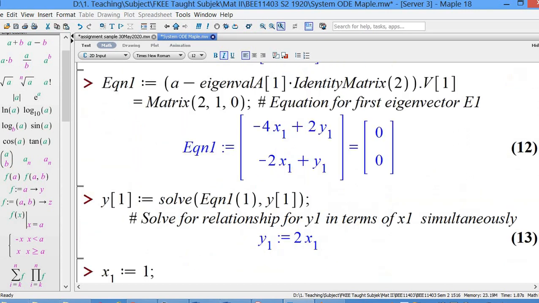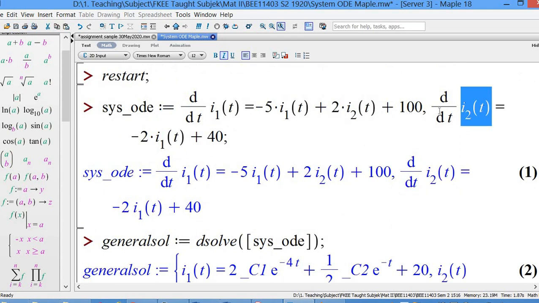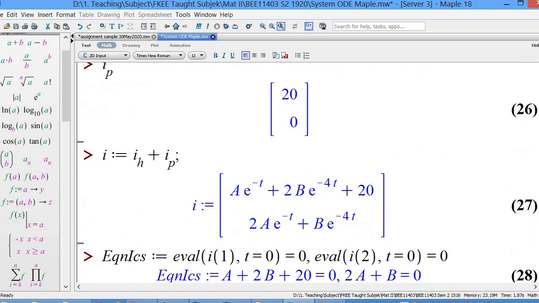For the second equation, d/dt I2 gives 0, equal to negative 2 U1 plus 40.